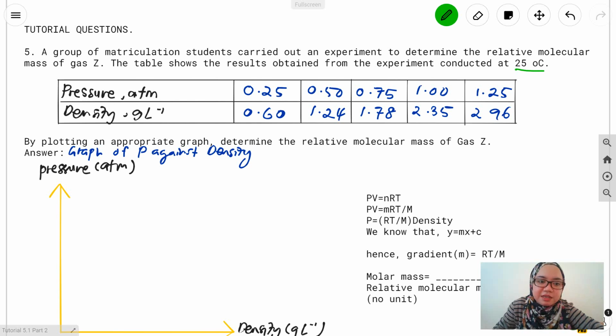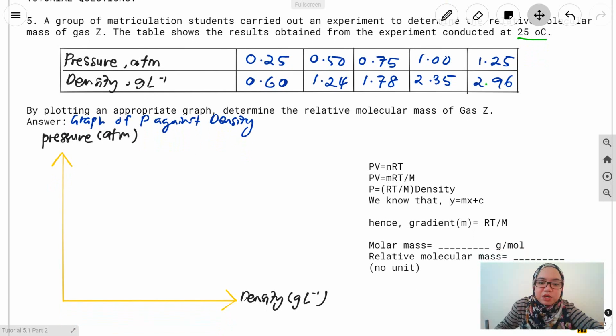They got pressure in atm unit, 0.25, 0.5, 0.75, 1, and 1.25, and they got density in gram per liter, 0.6, 1.24, 1.78, 2.35, and 2.96. The question asks you, by plotting an appropriate graph, determine the relative molecular mass of gas Z.